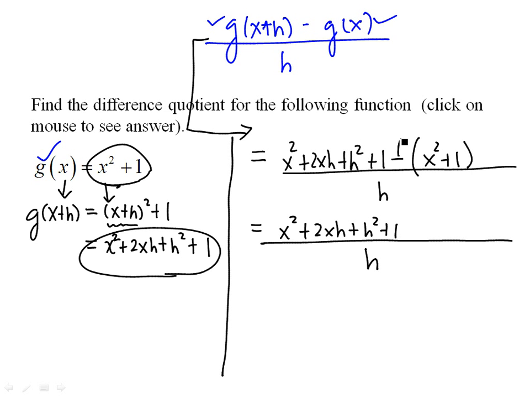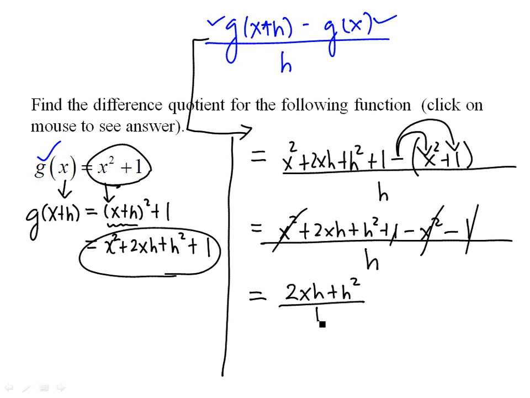So negative 1 times x squared, that's going to be negative x squared. Negative times a positive 1 is negative 1. Are we canceling anything out? Yes. The x squareds cancel and the 1's cancel. And you're left with 2xh plus h squared all over h.